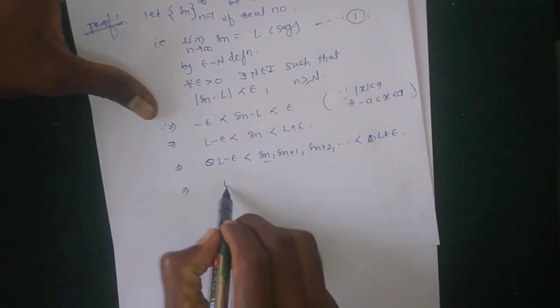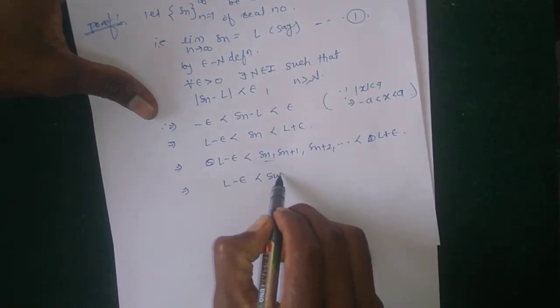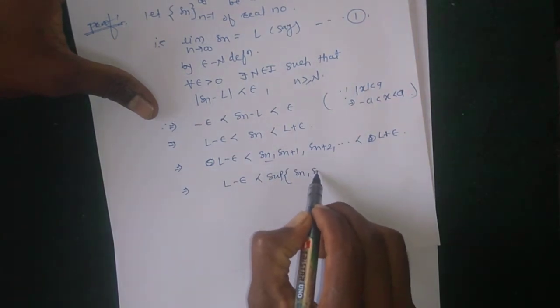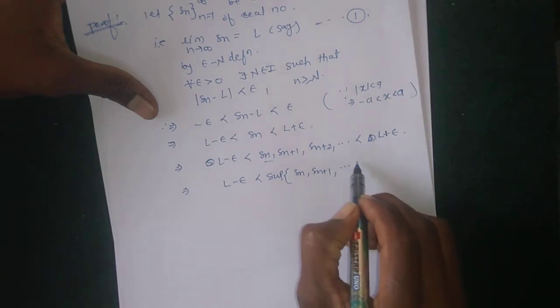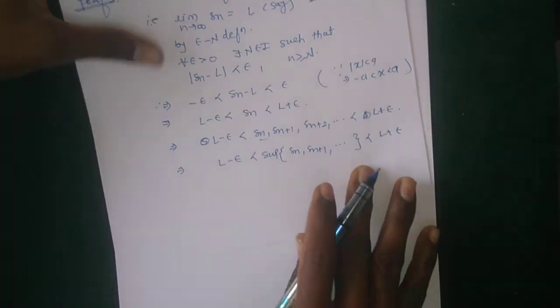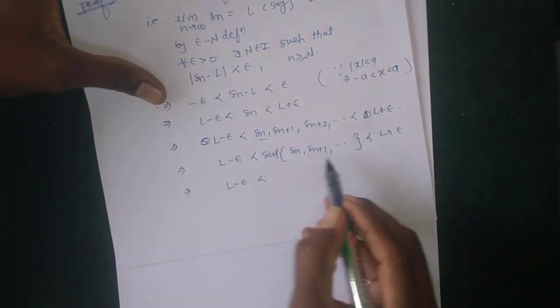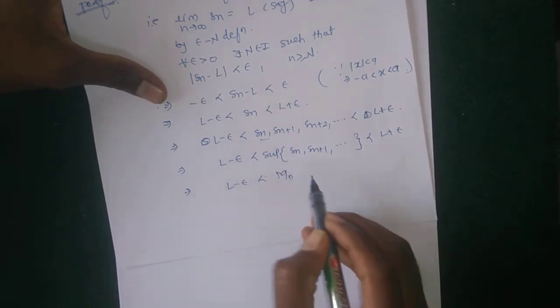Here Mn, the supremum of Sn plus 1 up to so on, also lies in between L minus epsilon and L plus epsilon, and the supremum of Sn is denoted as Mn.